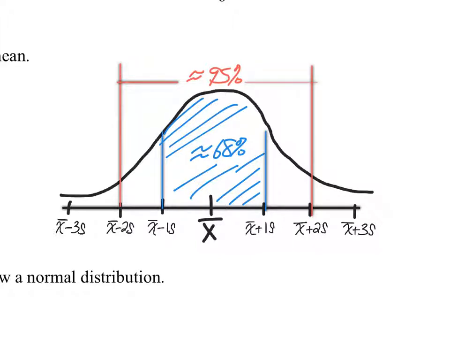And then the rest of the data goes out to infinity, so you would never be able to truly capture 100% of the data. The best we could do is get really, really close to 100%, so 99.7%.